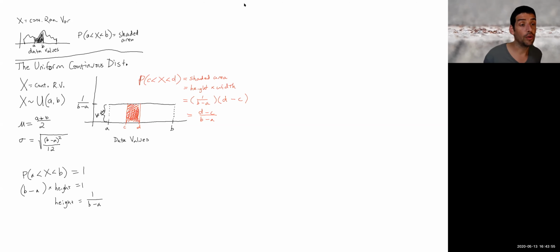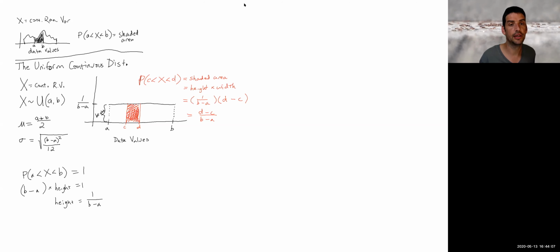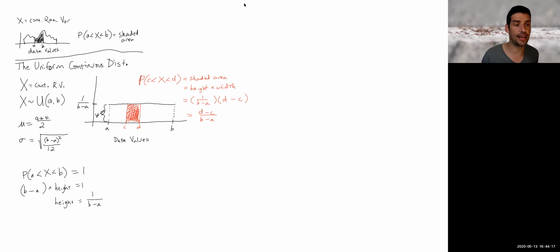So one thing you might remember is a rule we had for conditional probabilities. The probability of A given B is equal to the probability of A and B divided by the probability of B. So let's try using that with this.